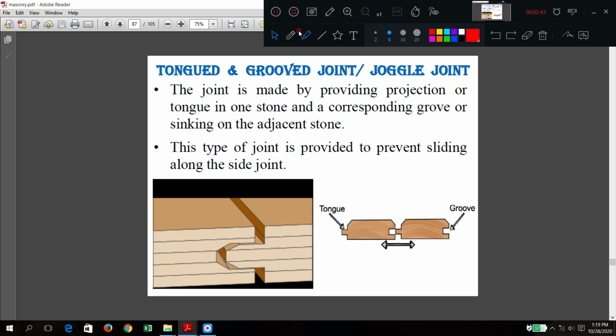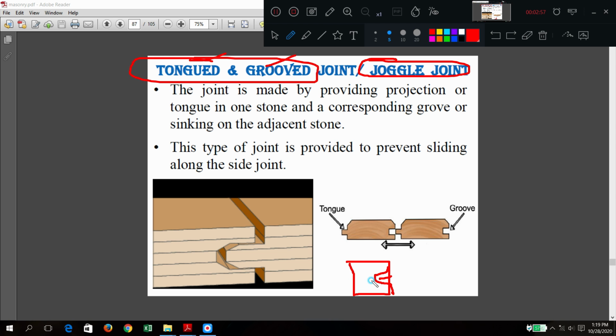Very important: the tongued and grooved joint, or joggle joint. If a plain stone is there, you cut this portion and remove it, and this becomes the groove. Like a window panel in a house, where you cut some portion for movement of the panel.